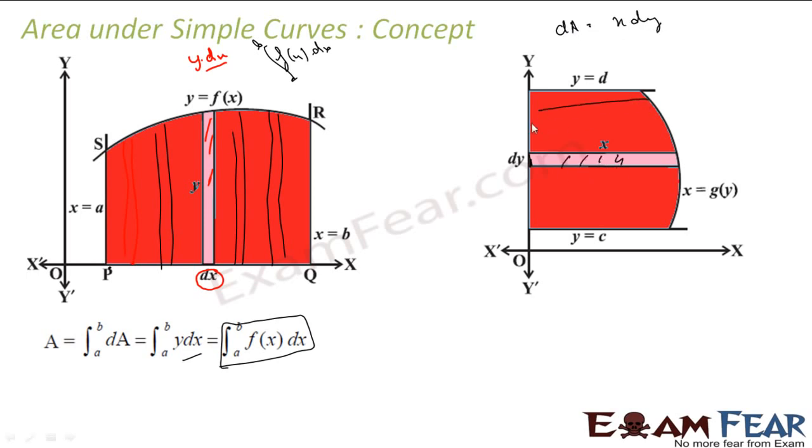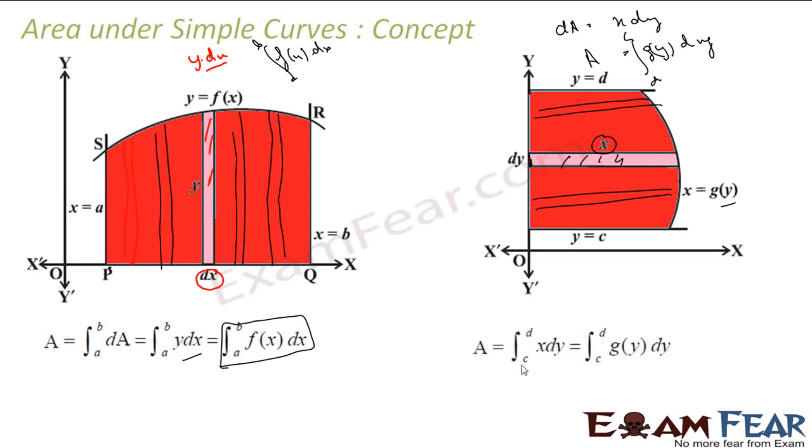And similarly, you have so many small chunks, right? x is variable, and x at any point is nothing but g(y). So you can say this is nothing but g(y) into dy. This is the small area, and the complete area is the integration of this where y changes from d to c, and that is what you get, correct?